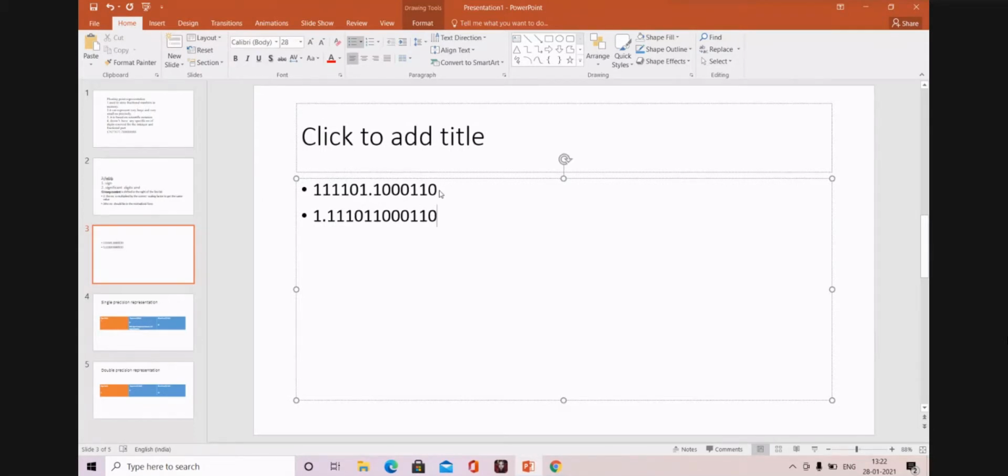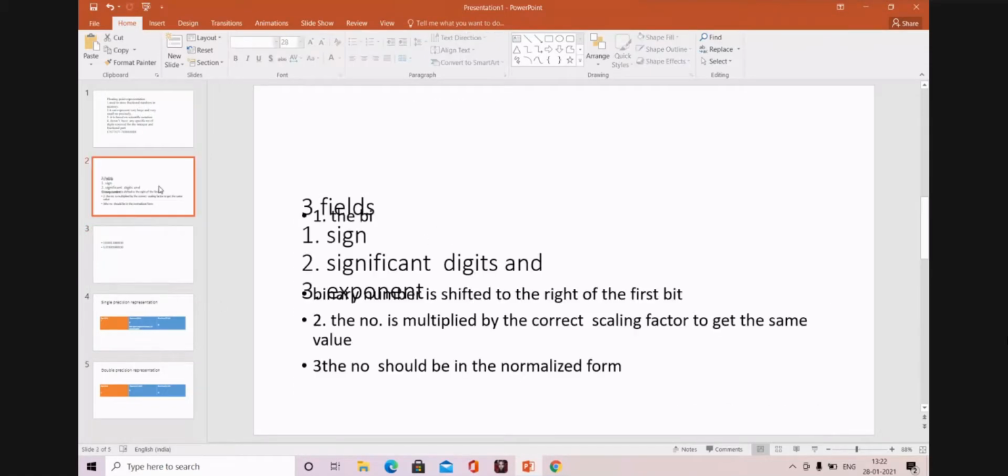So when you shift it, you will get the answer like this: 1.1110110000110. All right. And then the next step is that the number is multiplied by the correct scaling factor to get the same value. So we are going to multiply by the scaling factor.